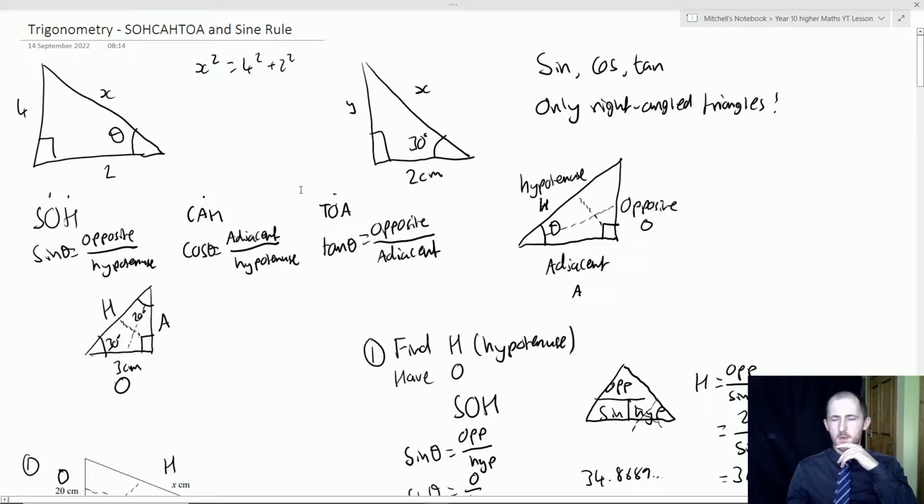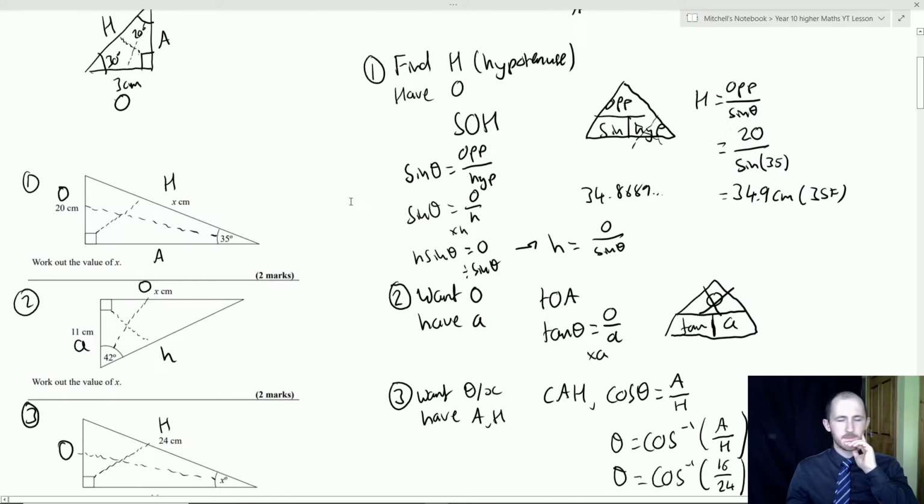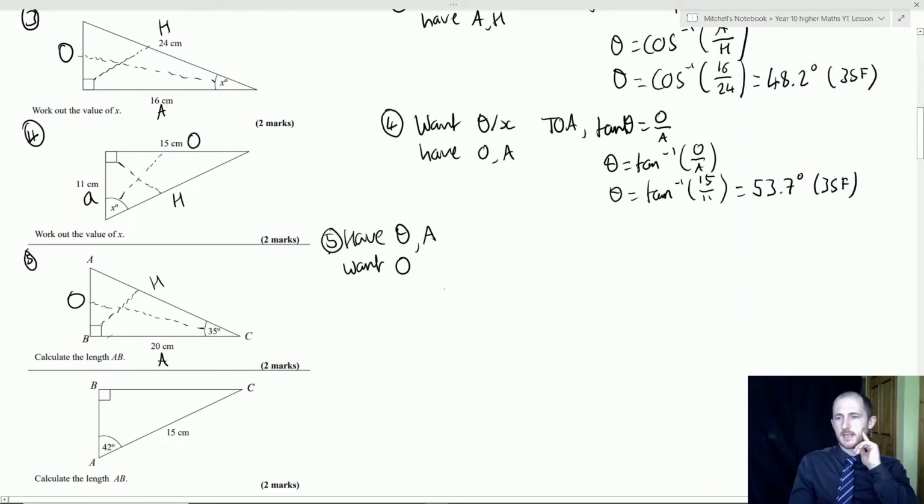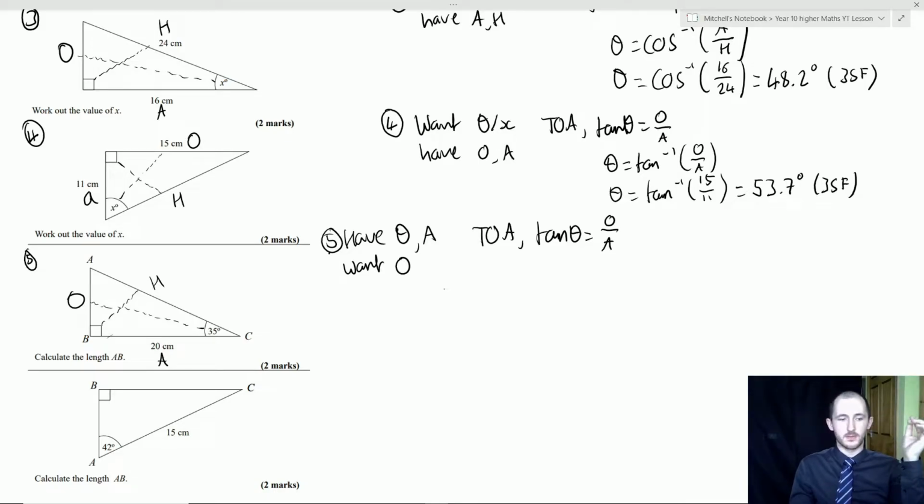You have SOHCAHTOA. O and A is part of the TOA name. So we're going to be using TOA, which is tan theta equals opposite over adjacent.